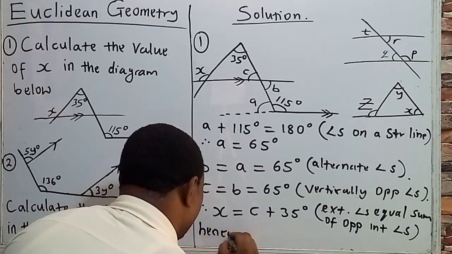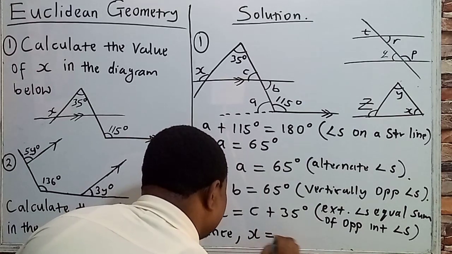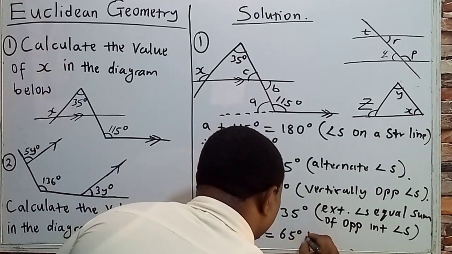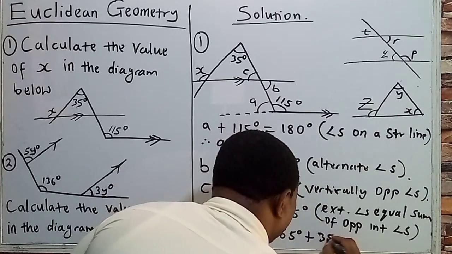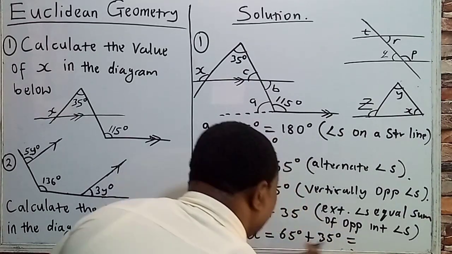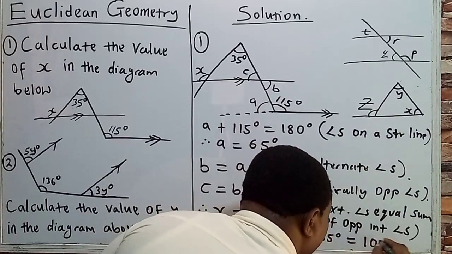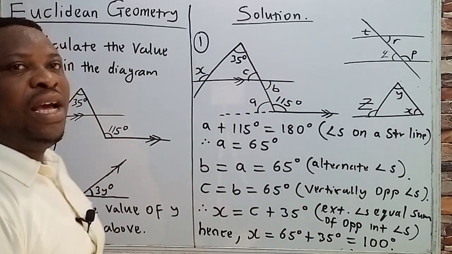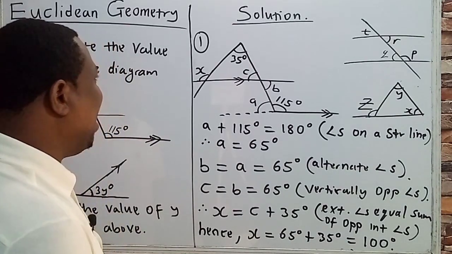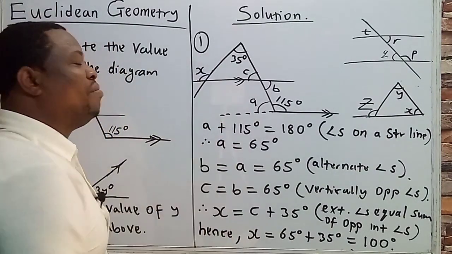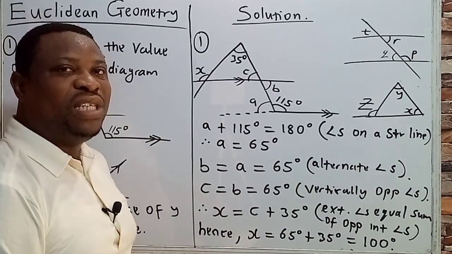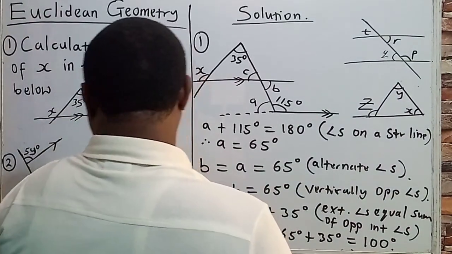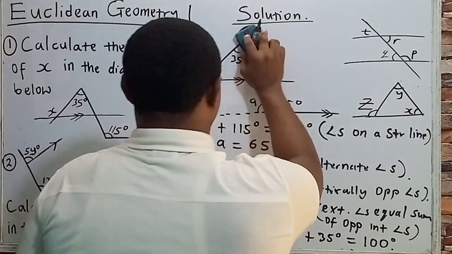Hence, my x, our C, we have found C to be 65, then plus 35. So if you add 65 plus 35, you are going to get 100 degrees. So hence, the value for x that fits into this diagram is simply 100 degrees.